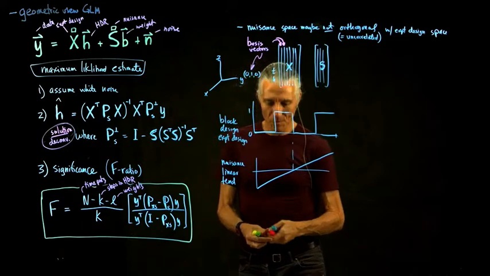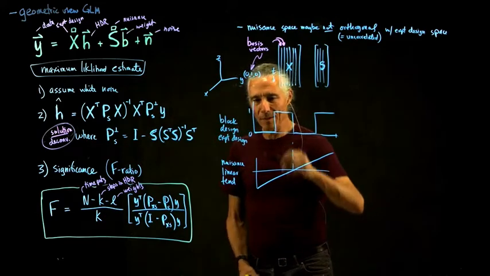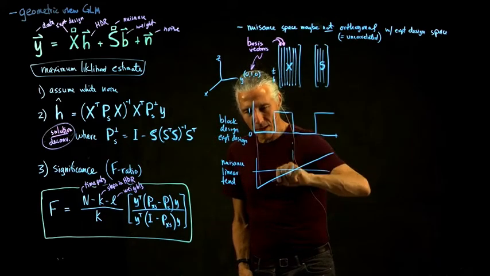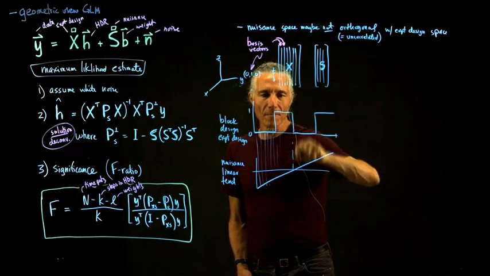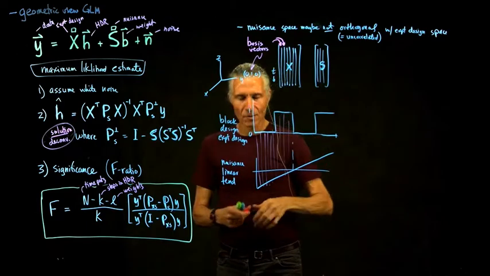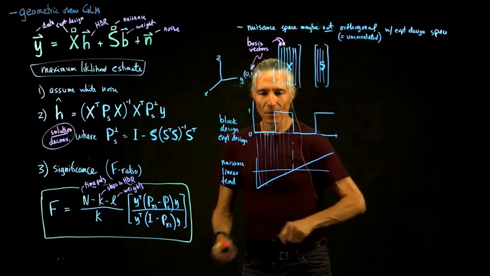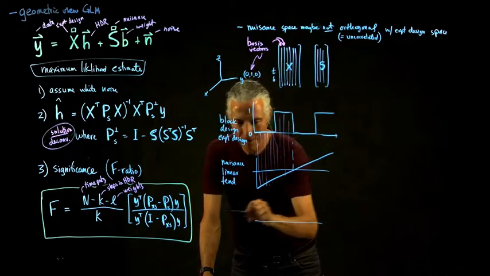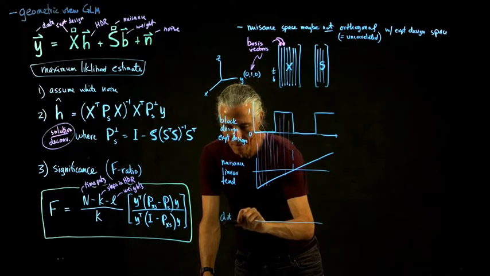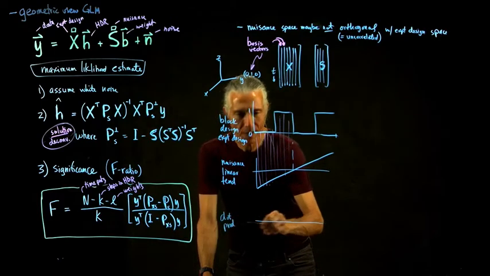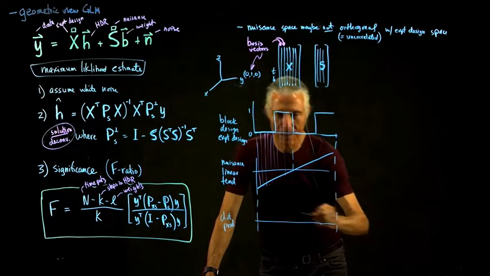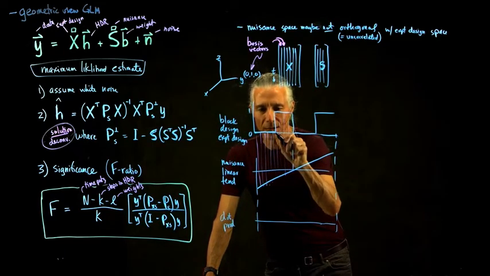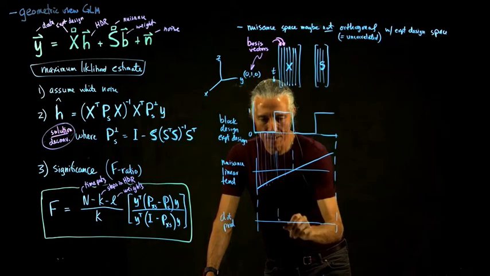So we have to calculate the dot product, and how do we do that? We just multiply all these guys times each other, and then sum them up. Let's graphically do the dot product. Up to here you're multiplying by 0, so it's going to be 0.